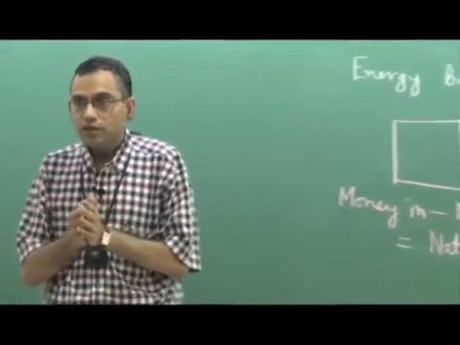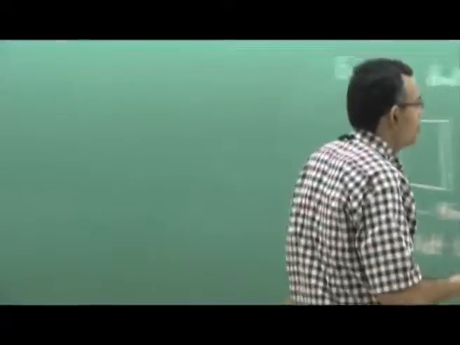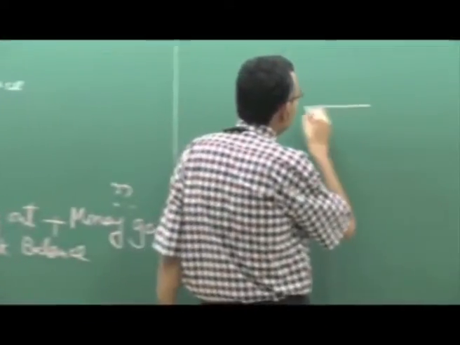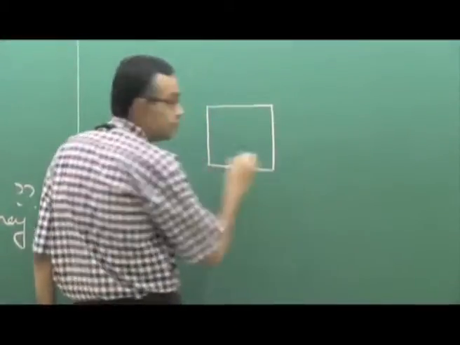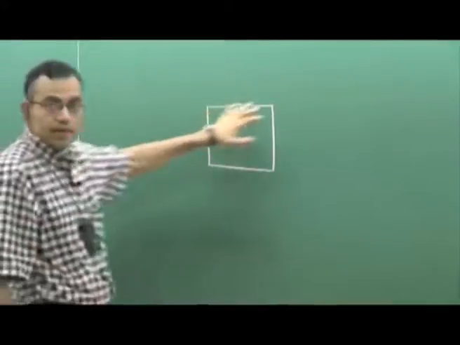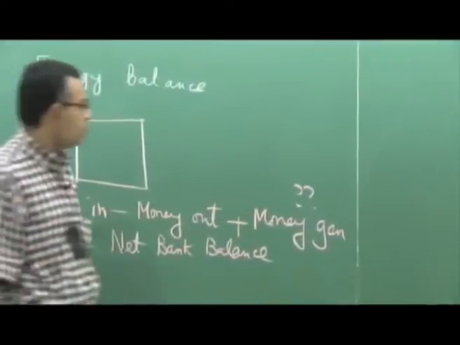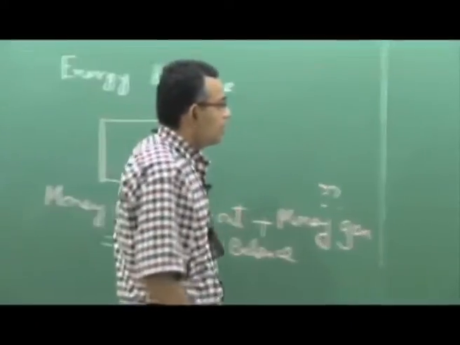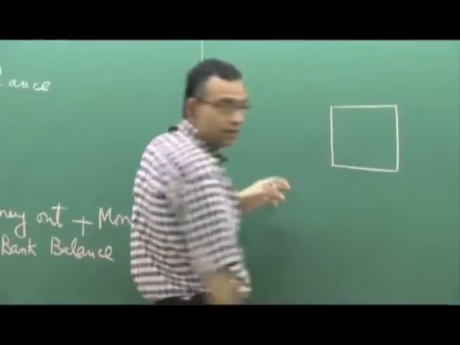Now think of, instead of a bank account, a control volume, and energy transfer is taking place across the control volume. So this is a control volume and energy transfer is taking place across this. So you have some energy coming in.